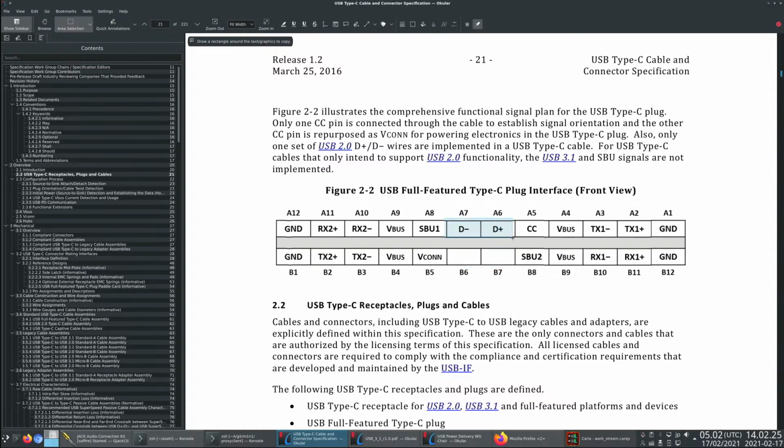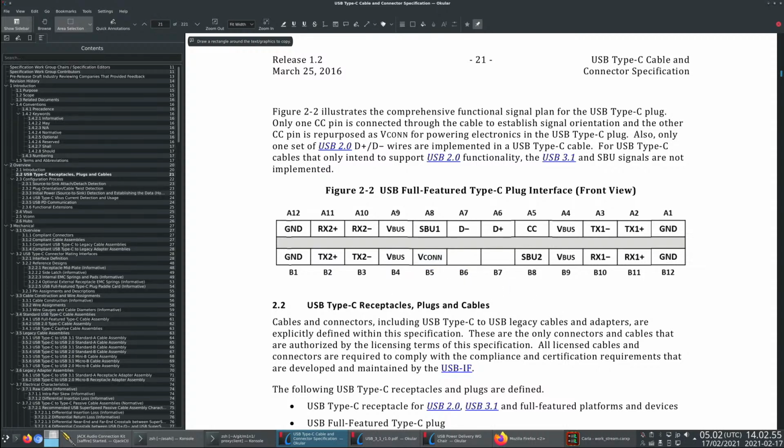But the cables only have one set. So most of the time you will think of a USB Type-C cable as having one set of USB 2.0 signals, and that would be correct, but the connector technically has two. And then there is a set of sideband use signals, SBU1 and SBU2. And then there's the actual cable control stuff, so that would be CC and VCONN.